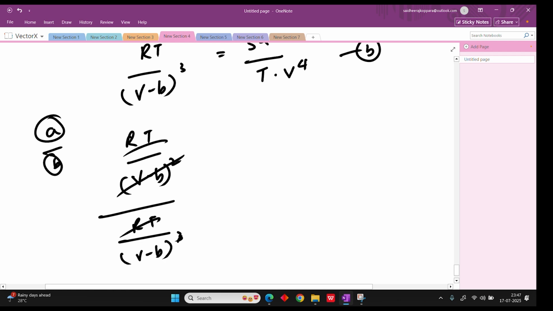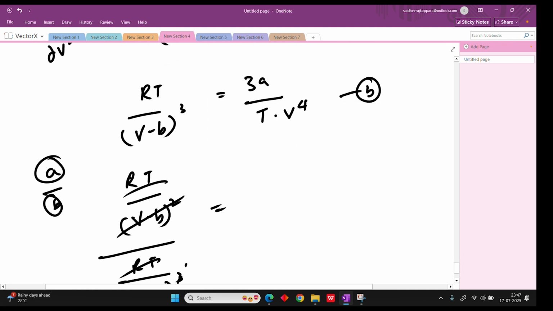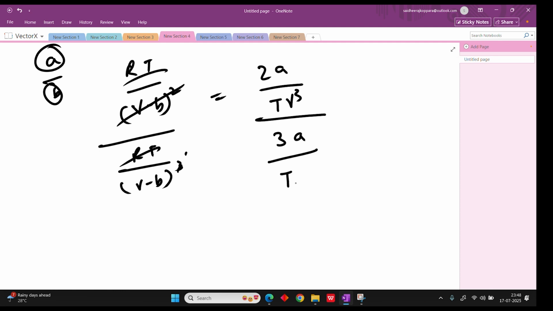RT gets cancelled. This is equal to 2A by T V cube by 3A by T V power 4, right?